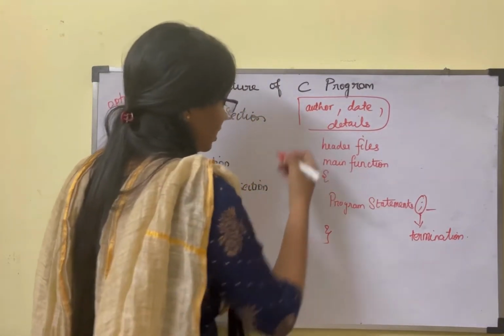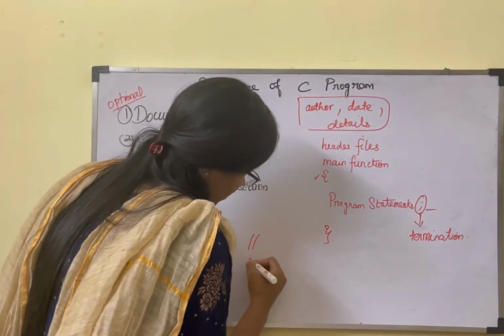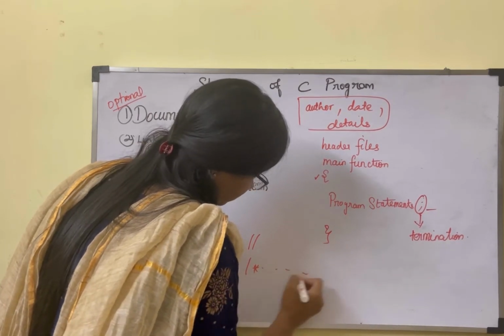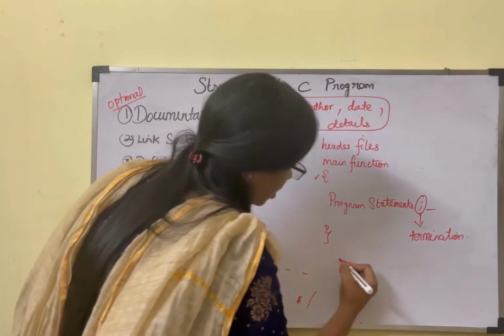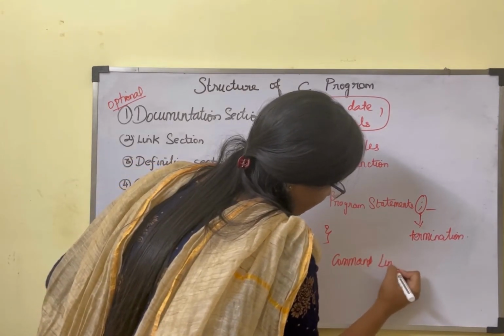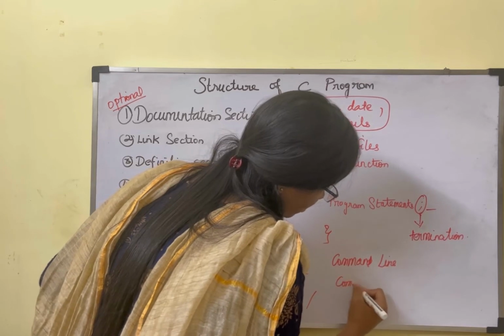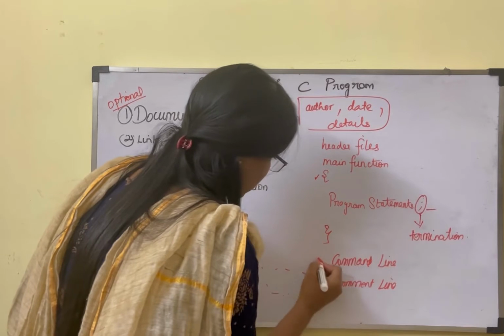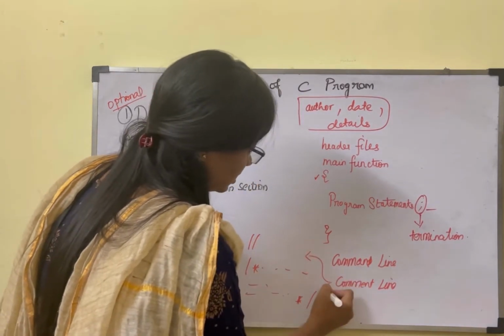So I will put it into a comment line, a single line comment or a paragraph comment. So this is not a command line. There is a difference between command line and comment. It is a comment line. So this is a single line comment and this is a paragraph comment.